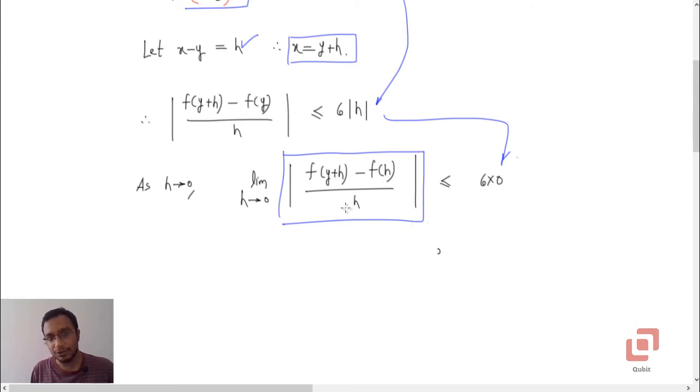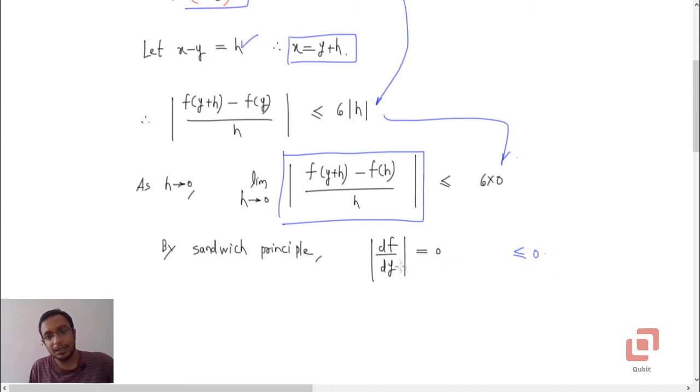Because we know that mod is never negative, as far as real numbers are concerned, we are forced to write the inequality that mod of the derivative df by dy is less than or equal to 0. But because it is mod, you can write it as equal to 0.